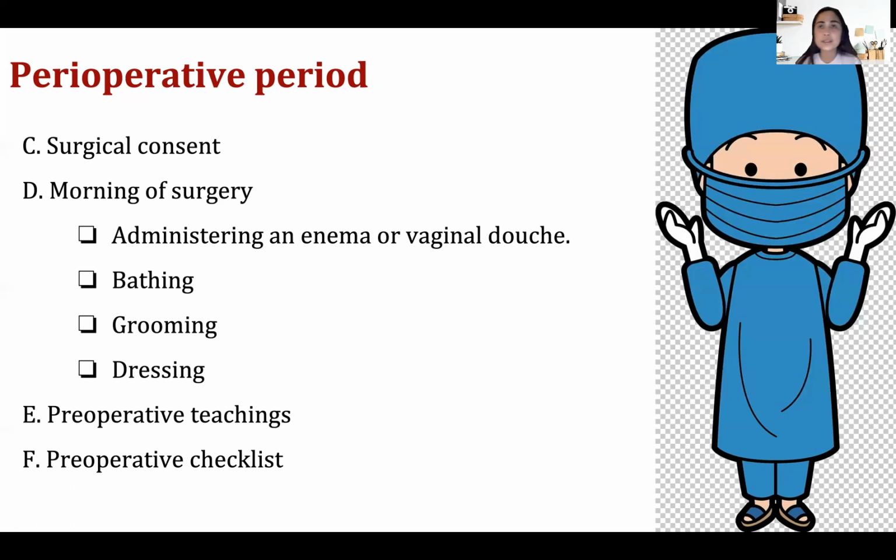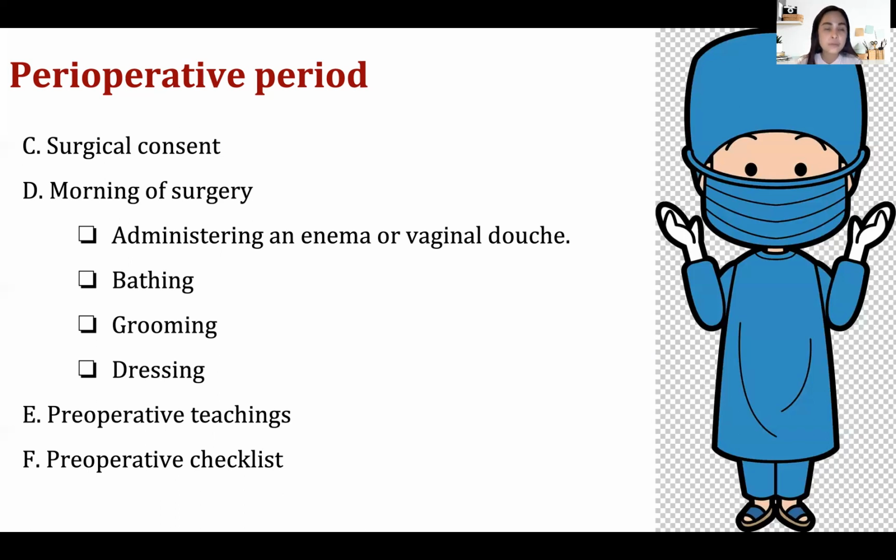And of course, before the operation, the patient will be anxious. No person will not feel anxious if the doctor will cut your body. So it is normal that the patient will be anxious. As a healthcare provider, we can help them do deep breathing exercises. Tell them if you are anxious, you can do deep breathing exercises.